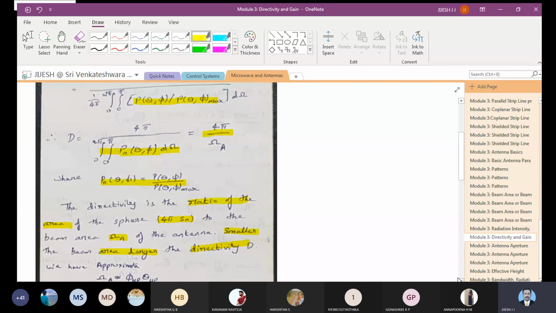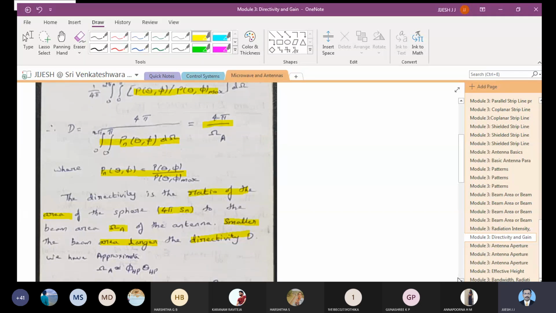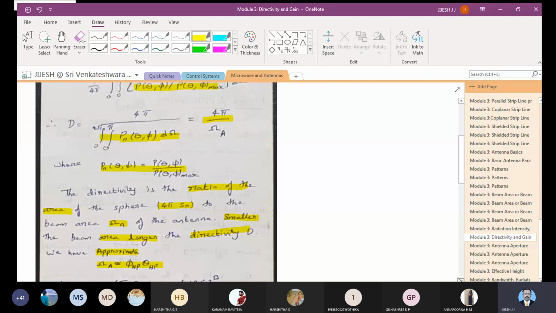So here one more equation you need to understand, that is the approximate method of finding out directivity. As you know that omega A is theta half power and phi half power. Let us just substitute omega A in the equation. So it will be 4 pi divided by theta half power phi half power. So that can also be one more equation for directivity.